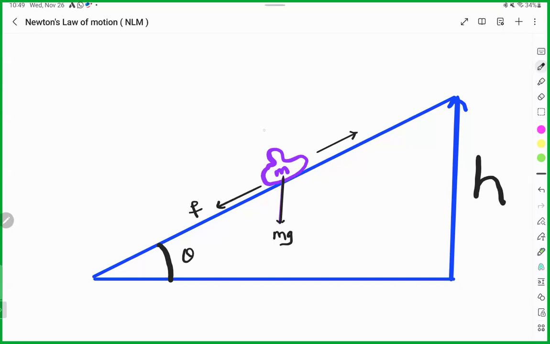In this situation, normal always acts perpendicular to the surface, so this is normal. If this is theta, this will also be theta, so can I say it will be f cos theta?